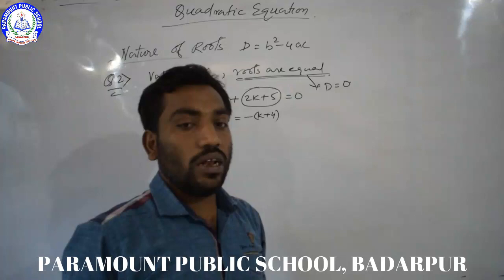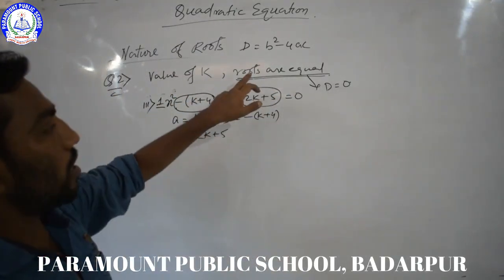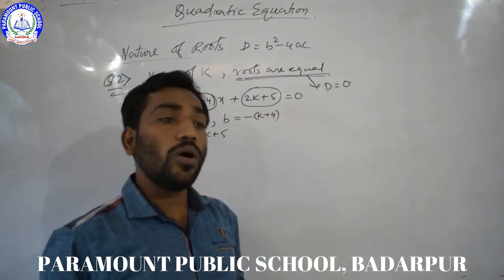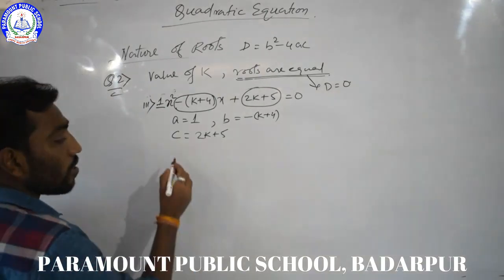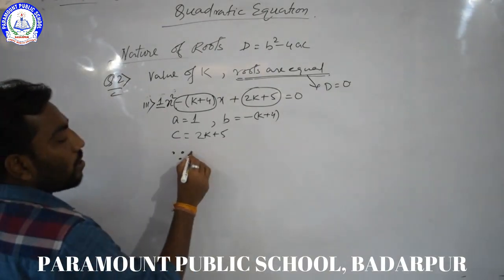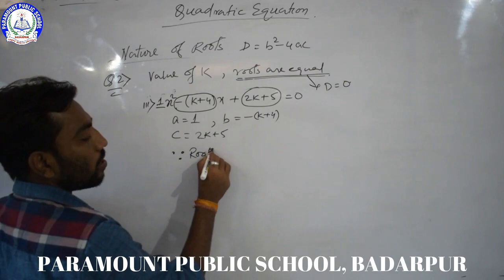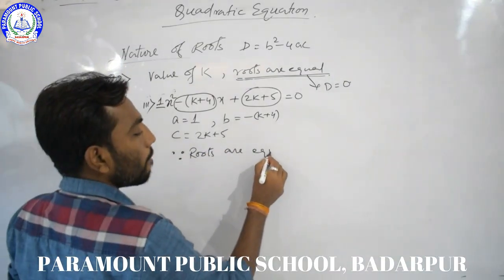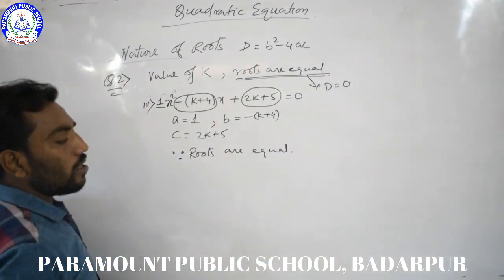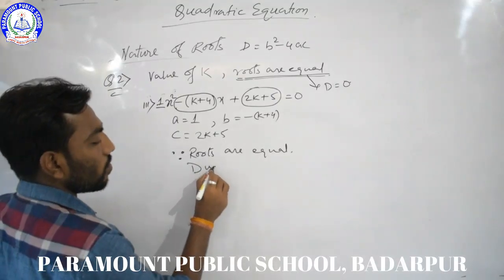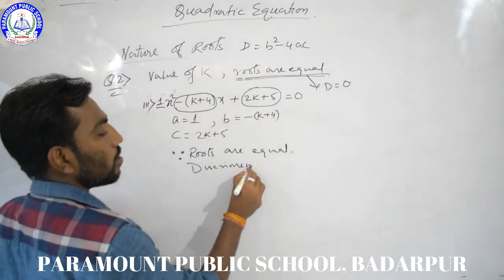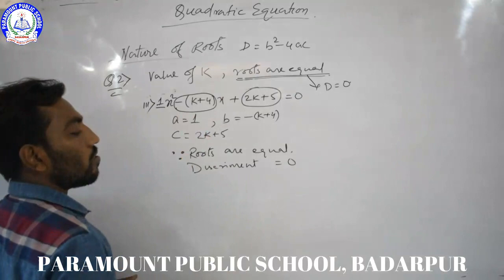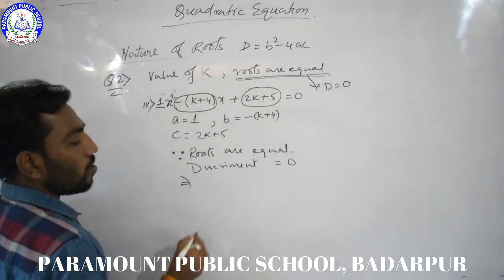So let us use the condition. What was our condition? Our condition was roots are equal. So since the roots are equal, we can say that the discriminant value is equal to 0. When will our discriminant become 0?